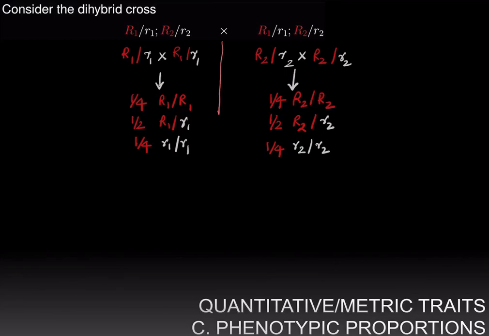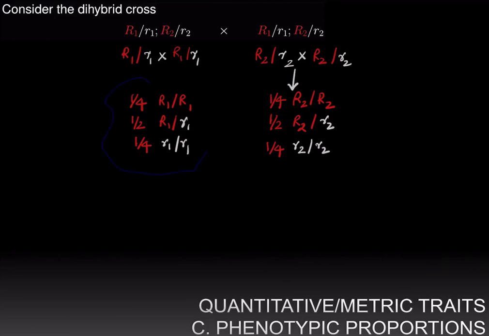And in order to determine the phenotypic proportions, we have to enumerate all the possible combinations of the genotypes that are possible between the two genes, and we can use branching diagrams to do that.